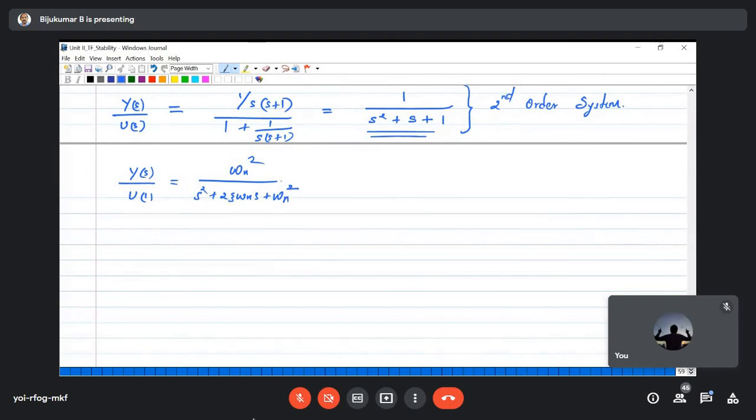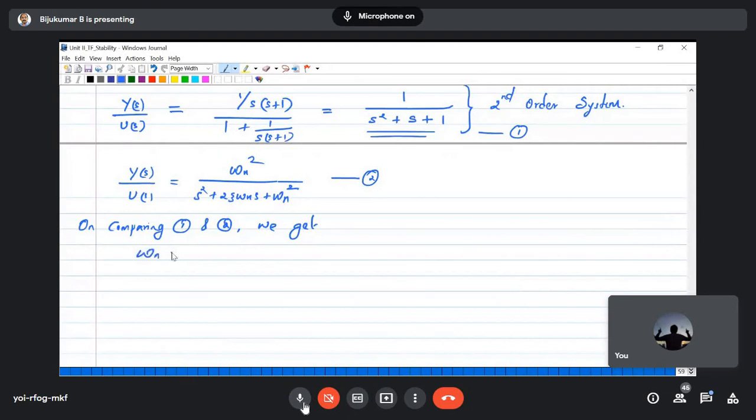So on comparing these two equations, let this be 1, this be 2. On comparing 1 and 2, you get the value of omega n as 1 radian per second.